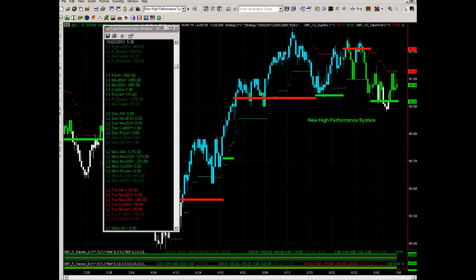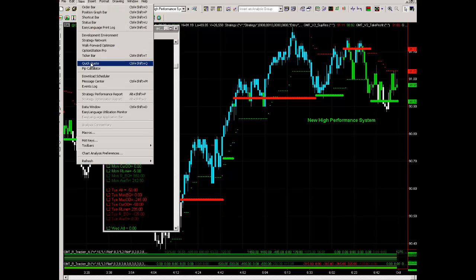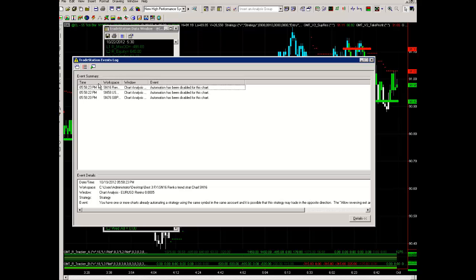Now, if you are not too worried about having the actual calendar, but you're happy to use Tradestation as your advisor for the rollover, the place to find that information on Tradestation is to go into View, and if you go into your events log, you'll see that that's not it.